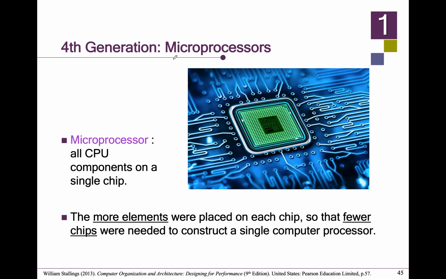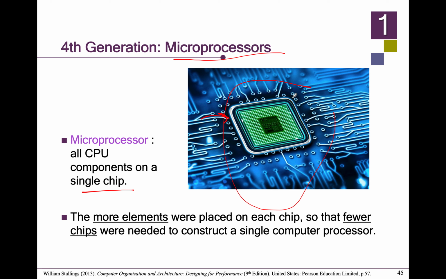Okay, under microprocessor, this is a very small, tiny, cute electronic thing, but it is very powerful. A microprocessor has all CPU components in a single chip. So this is our CPU, our heart.